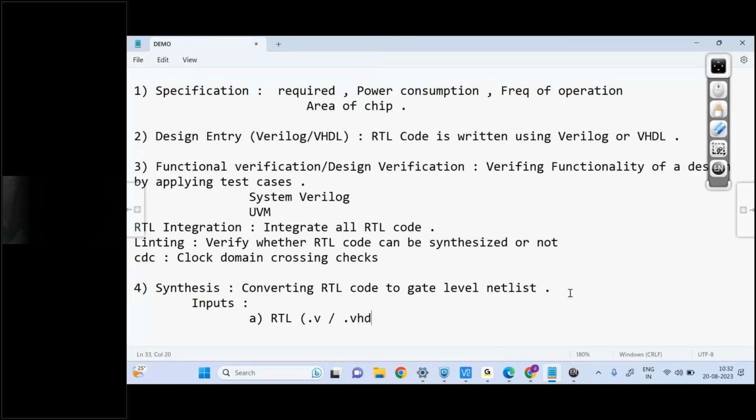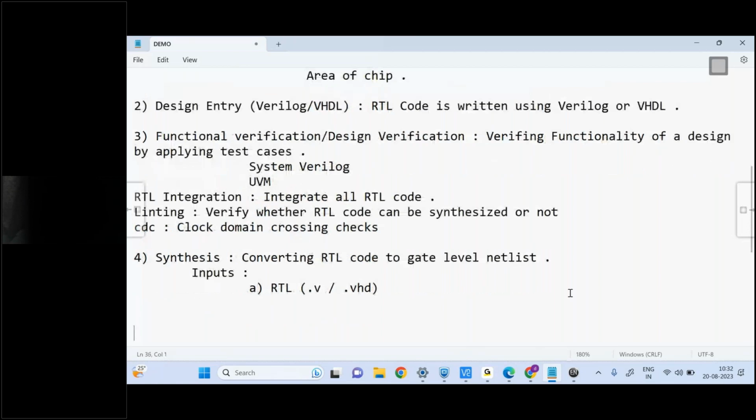It can even be a VHDL file. .v is the extension for a Verilog file and .vhd is the extension for a VHDL file. So next is what? Next is .lib. The .lib is called the Liberty file, Liberty or library file.